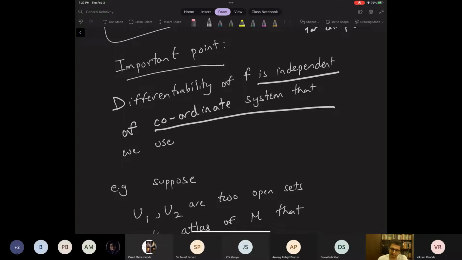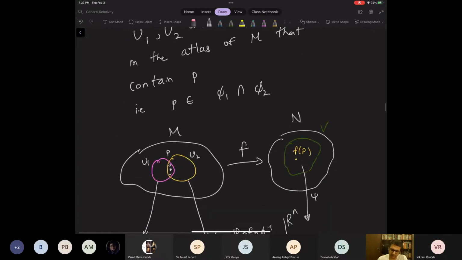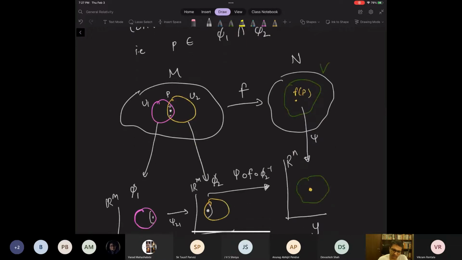Let's look at this picture. Suppose you take a manifold M and a point P which lies in an overlap region between two coordinate charts, U1 and U2.